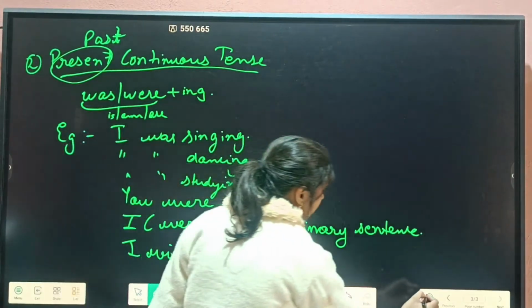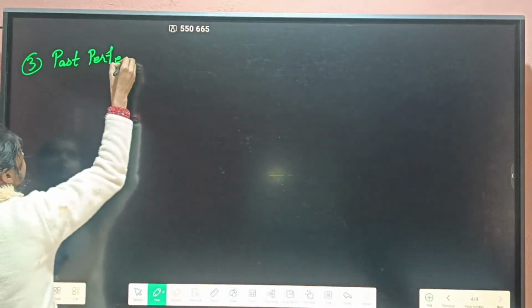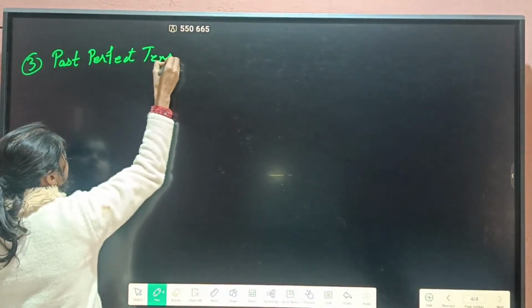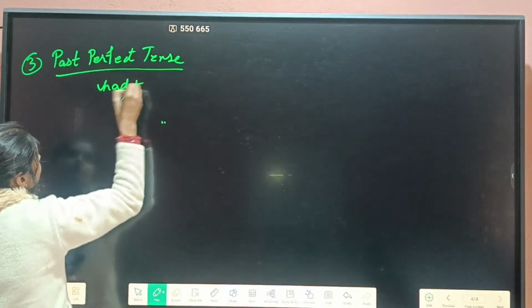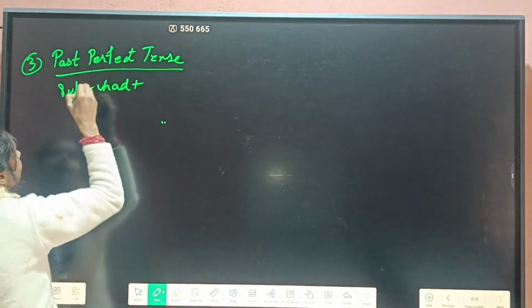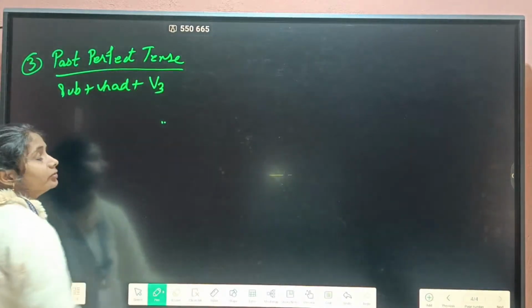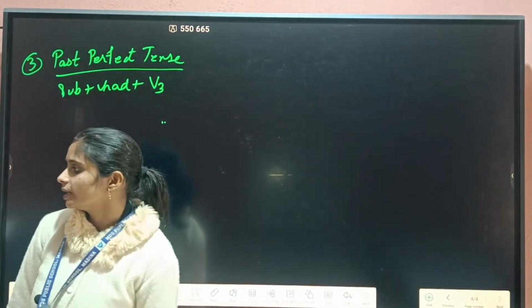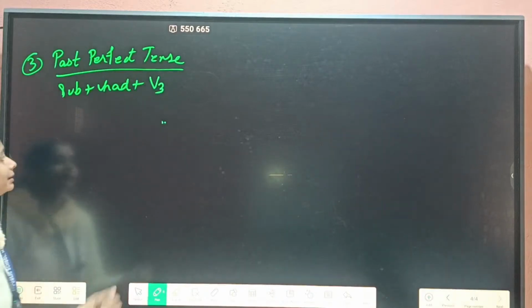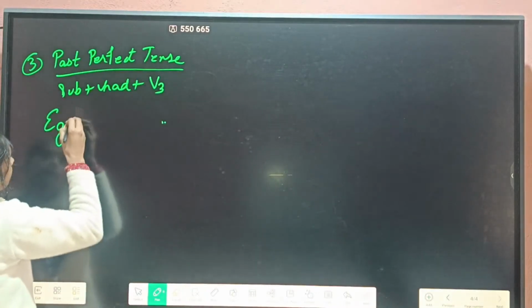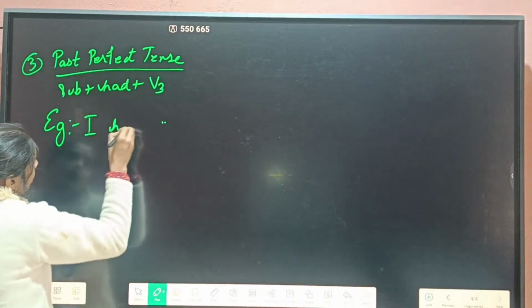Now, next we have past perfect tense. The structure we have already seen: subject plus had plus which form of verb will we use here? Verb third form. So here we will see I had written a letter.